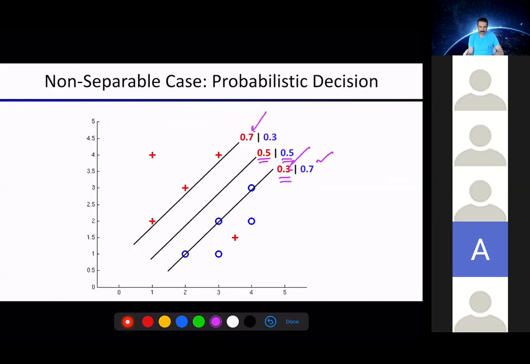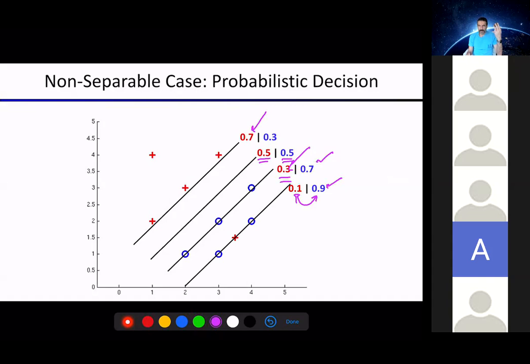You want to make these red classes more probable than the blue class, and you have some sort of probability over two classes, at least in this case two classes, right? So instead of giving that this is one, we're talking about one particular example, right?